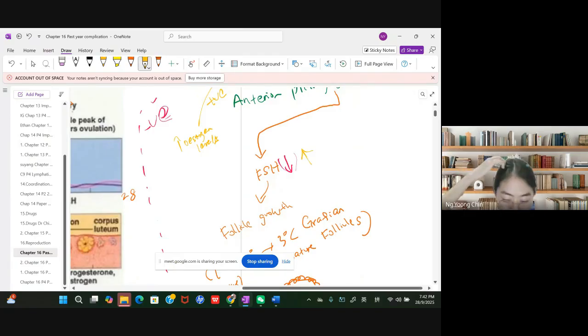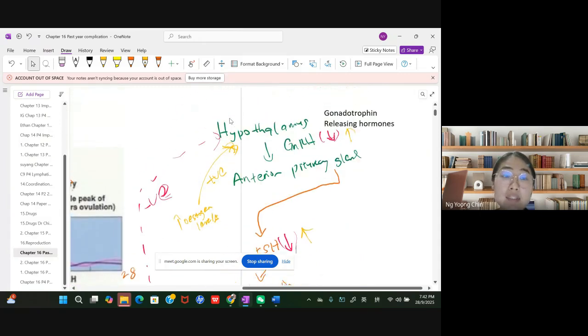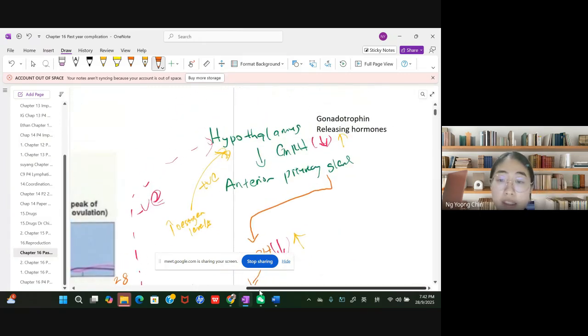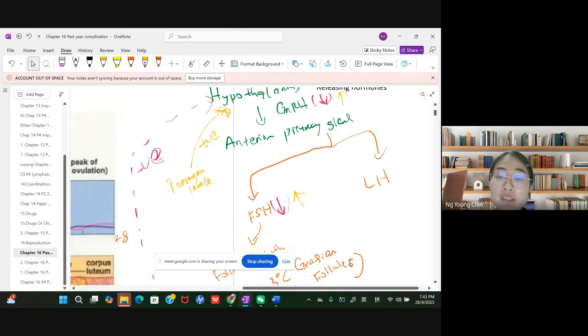Now, at the same time, the anterior pituitary gland does not only produce FSH. It also produces LH, luteinizing hormone.